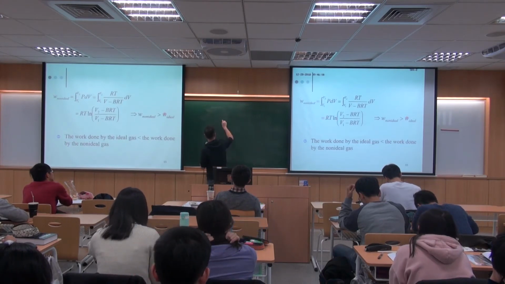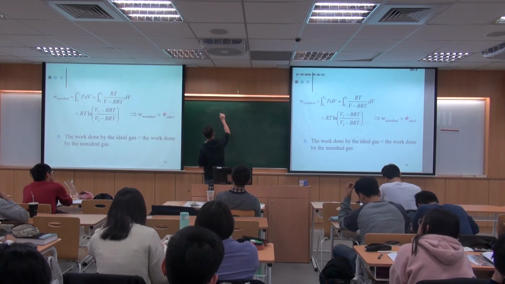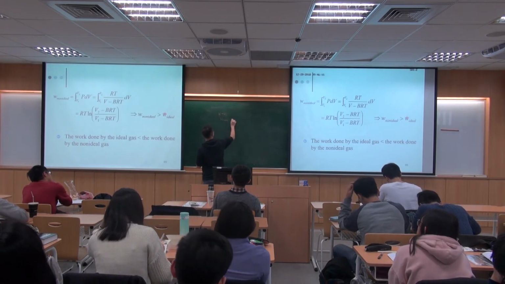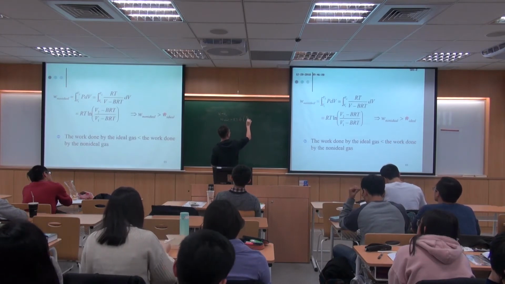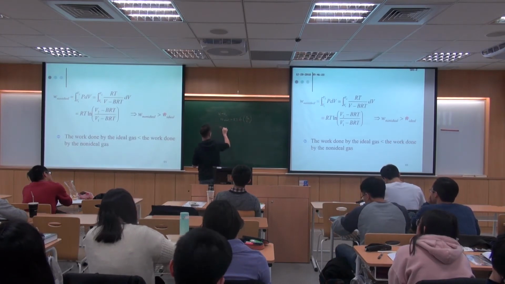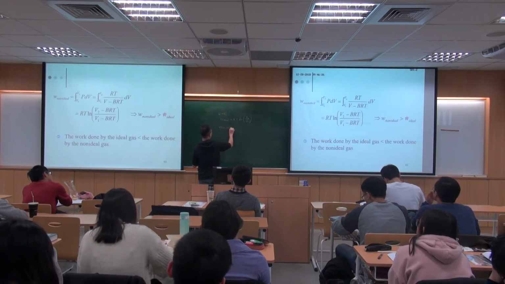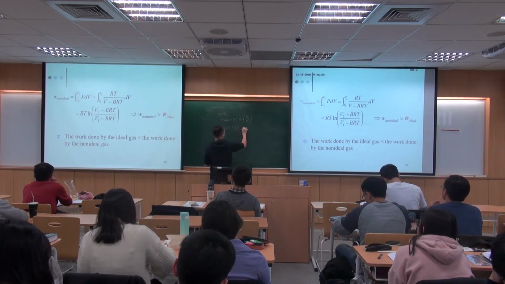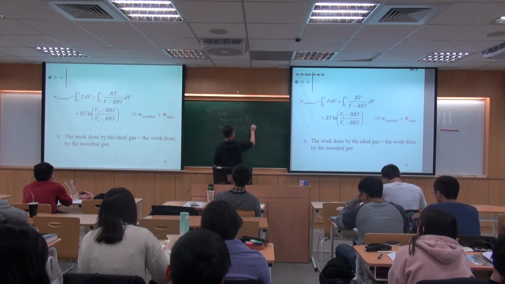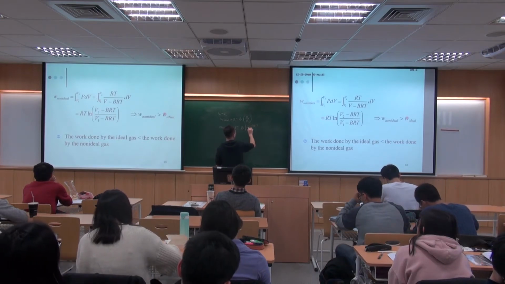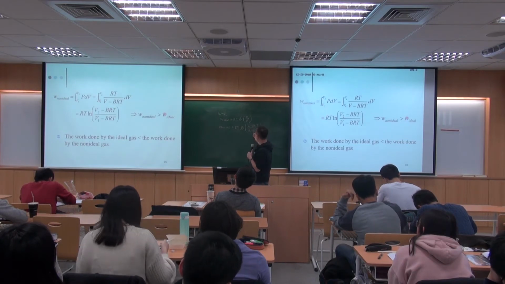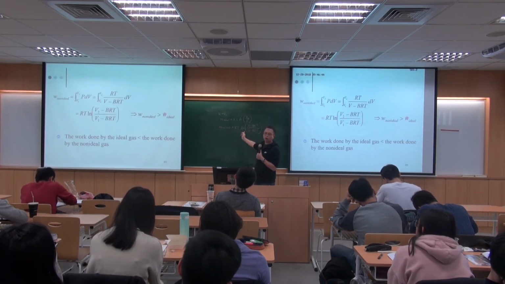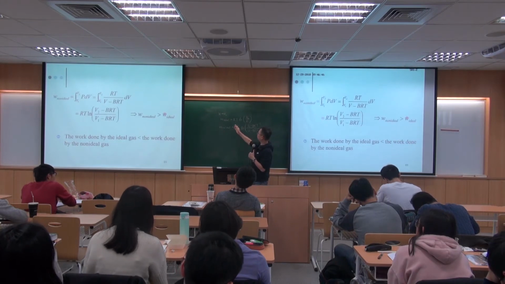Because for an ideal gas, we know that this is from V1 to V2. The work done by that is, and for non-ideal, it's also a very simple expression, but from the graphical representation, we can easily see that this is greater than this one.